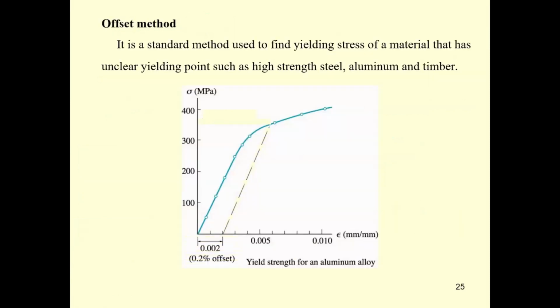Then there are some alloys such as aluminum alloy and also high strength steel. These are ductile materials but have no clear yielding point.